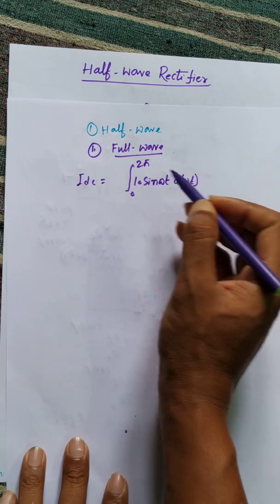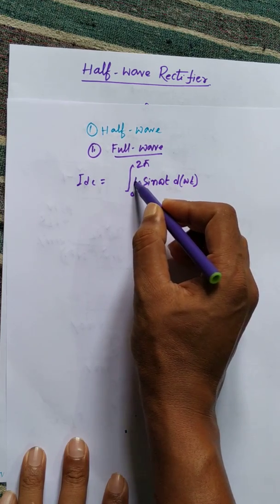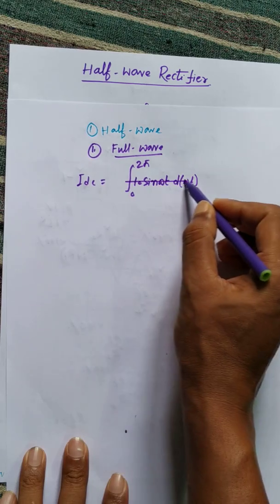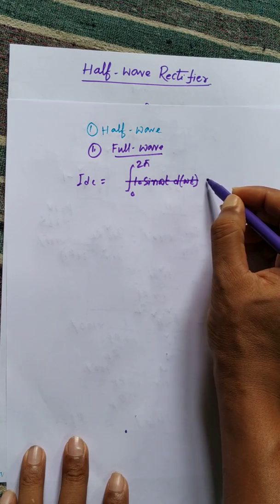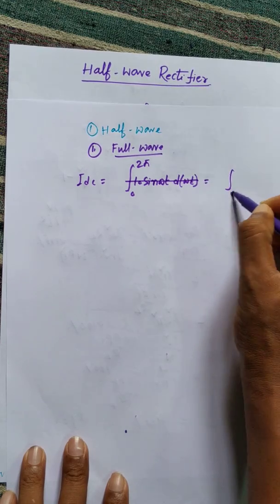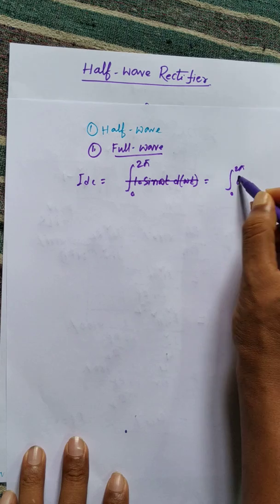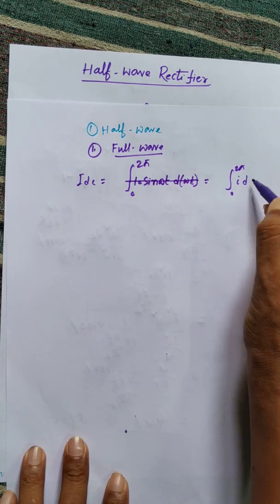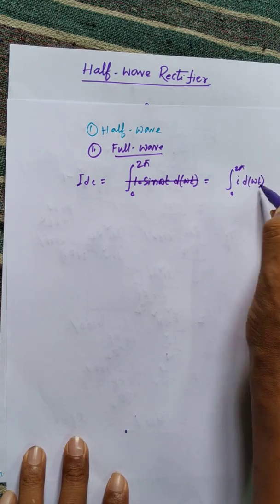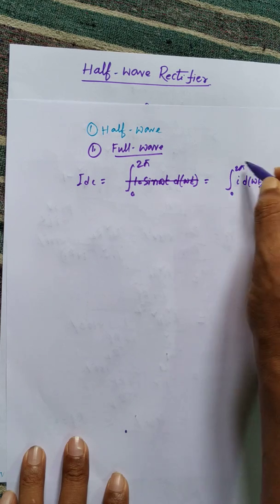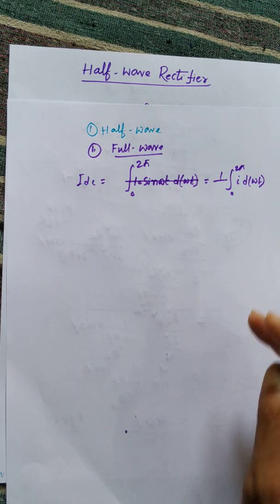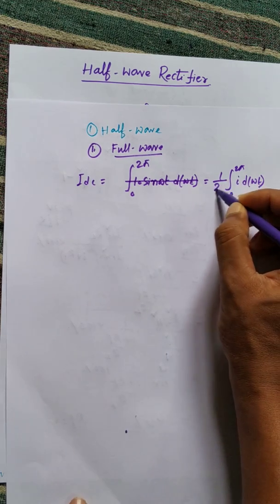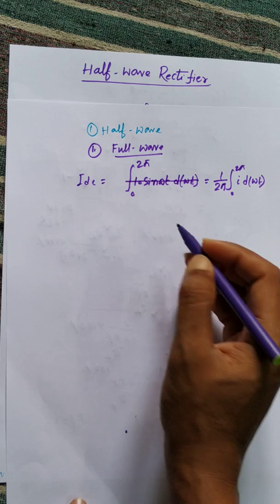Here, since the current flows only during the positive half cycle, integrating i, the instantaneous value of the current, d omega t from 0 to 2 pi, and per unit phase angle this is 1 by 2 pi.